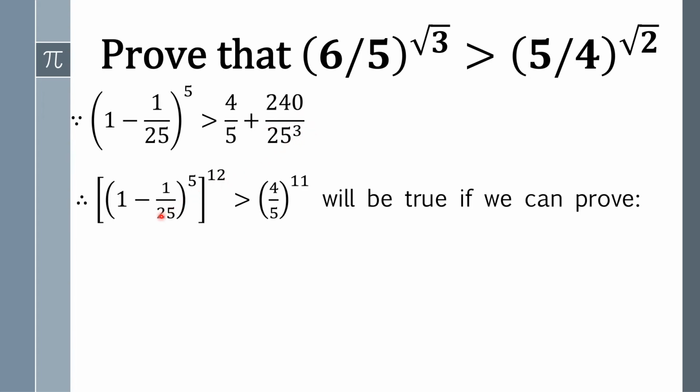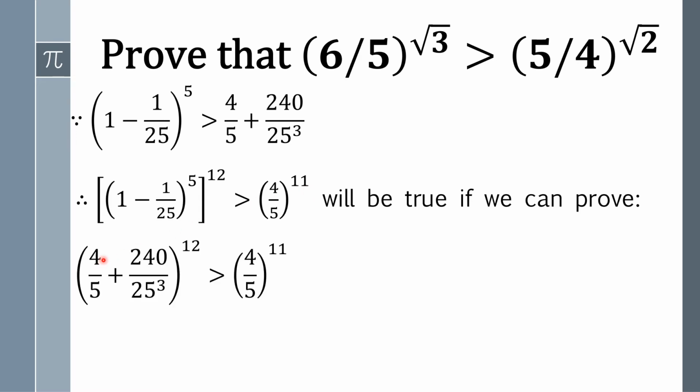Therefore, if we want to prove (1 minus 1/25)^5 then to the 12th power is larger than (4/5)^11, we need to prove (4/5 plus 240/25³)^12 larger than (4/5)^11.